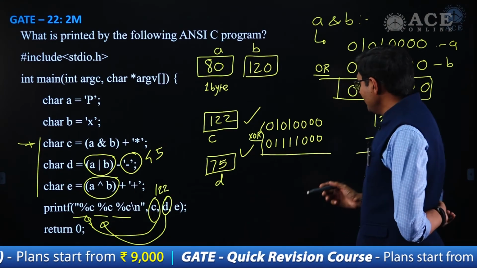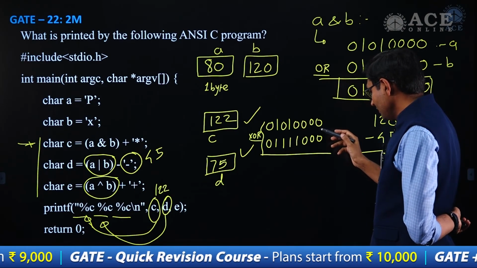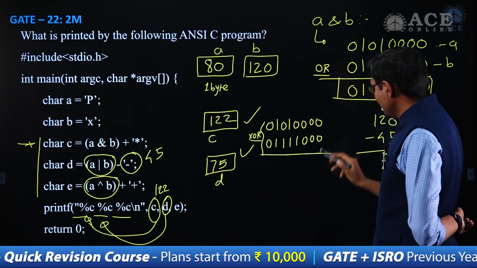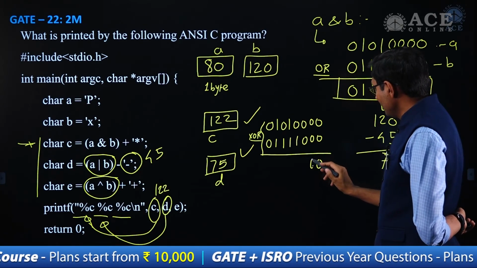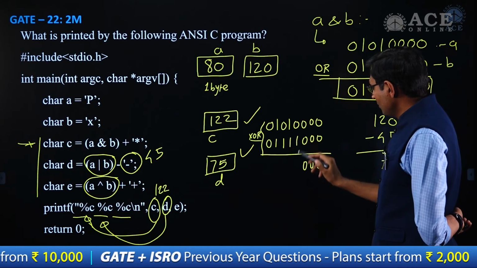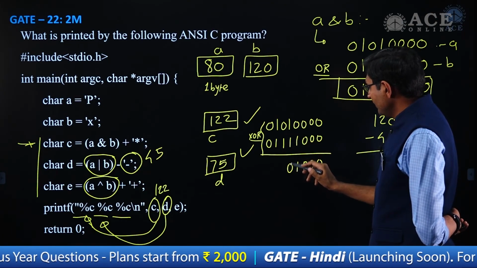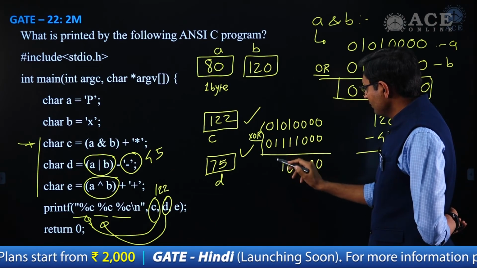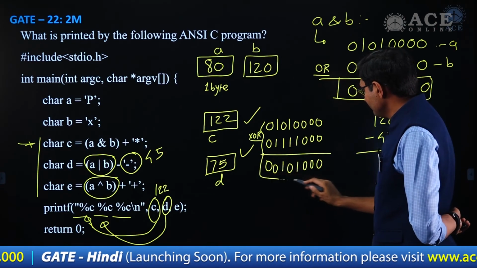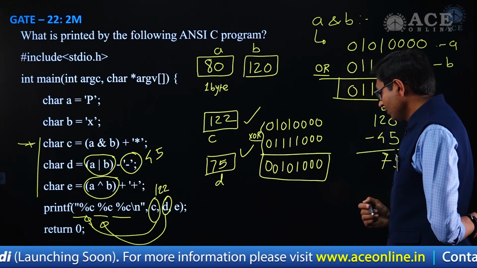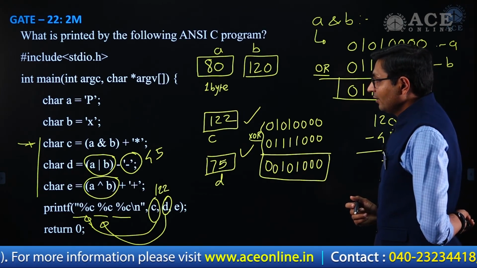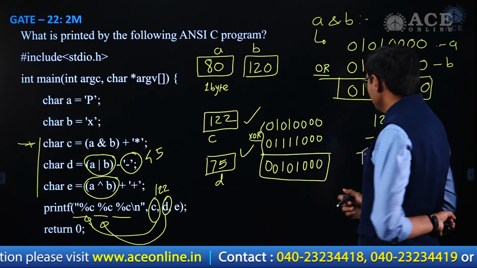When the bits are different, the result is 1, so it is going to be 0, 0, 1, 0, 1, 0, 0, 0.